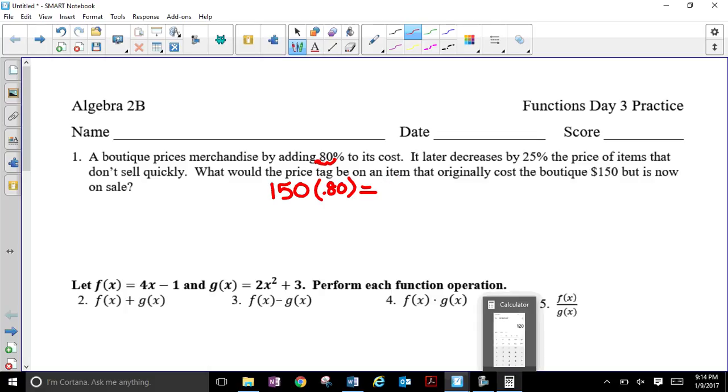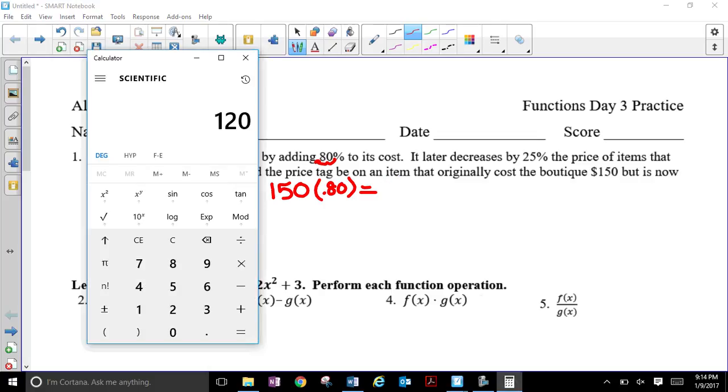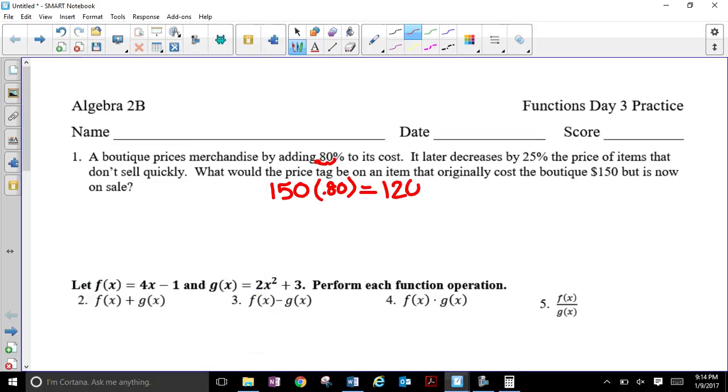So they're adding 120 to it. They add 80% of the price to their cost. So we figured out what 80% of this 150 was, which is $120, and then we add those to get 270. So what the store is going to sell it for after they mark it up is $270.